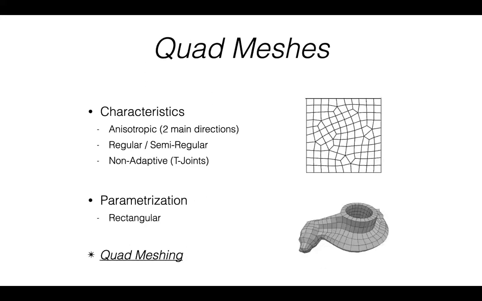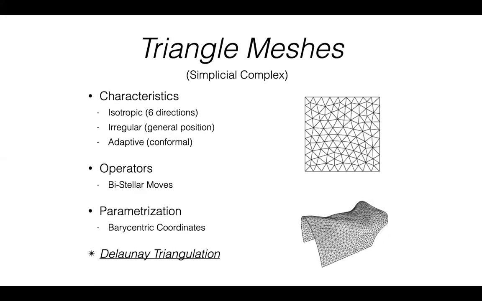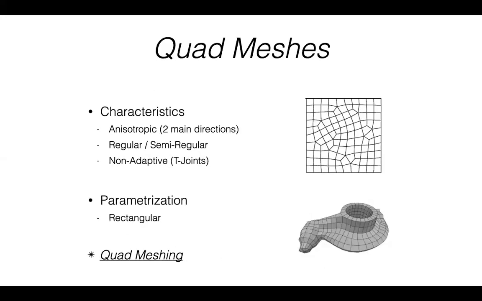Now, quadrilateral meshes are more or less the opposite of this, because the quadrilateral mesh is anisotropic: you have a quad, you have 2 main directions. And here you can have either regular or semi-regular meshes, and the parameterization will be a rectangular parameterization. And here we have algorithms to take a surface and do quad meshing.